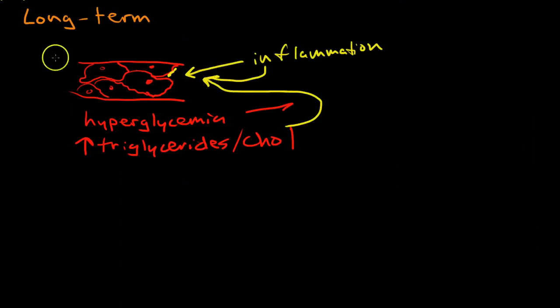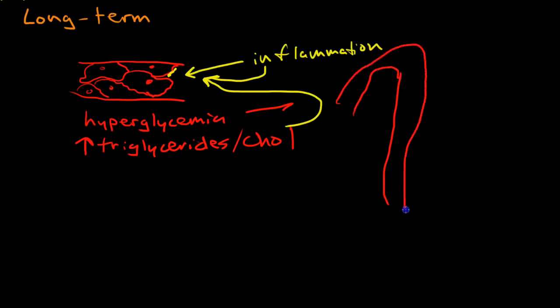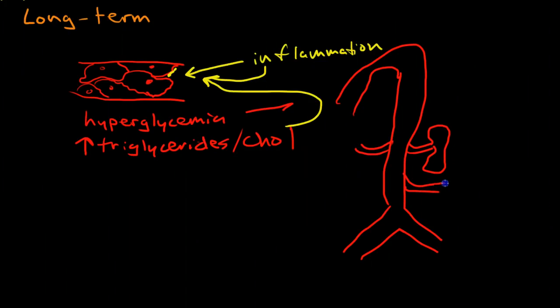Now, this is occurring throughout the vascular system. In the large arteries, the aorta, the femoral arteries, the renal arteries, the hepatic arteries, the mesenteric arteries that are feeding the gut, actually the stomach and the gut.